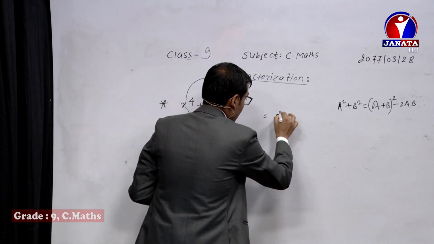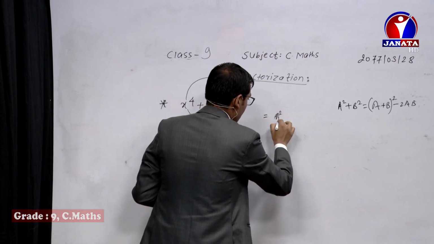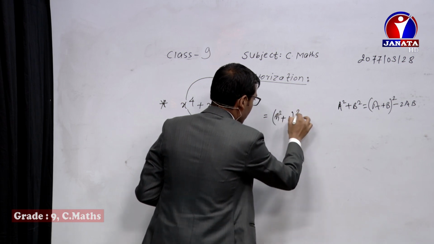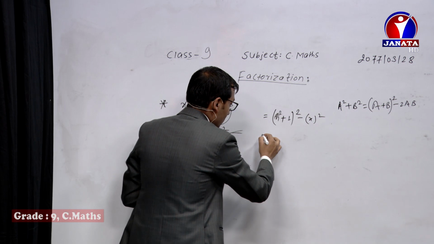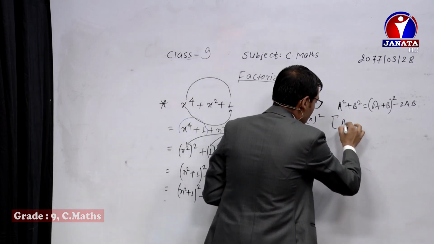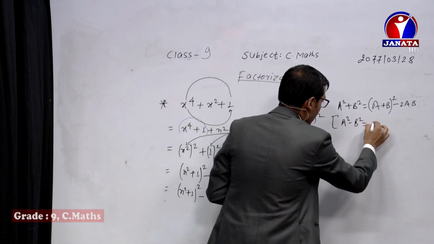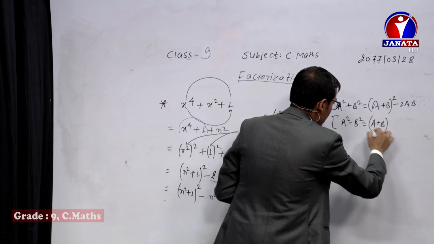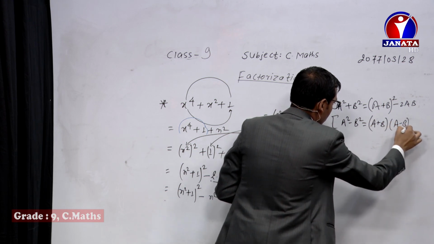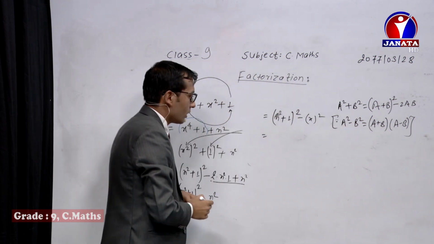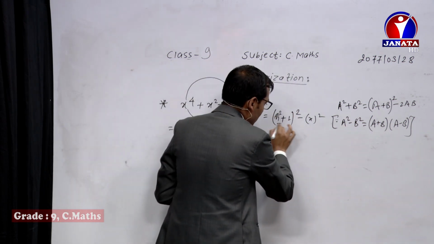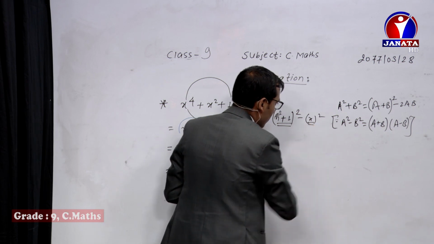So I am rewriting this: (x square plus 1) whole square minus (x) whole square. Now we have the formula for a square minus b square: (a plus b)(a minus b). What is a? x square plus 1. What is b? x.